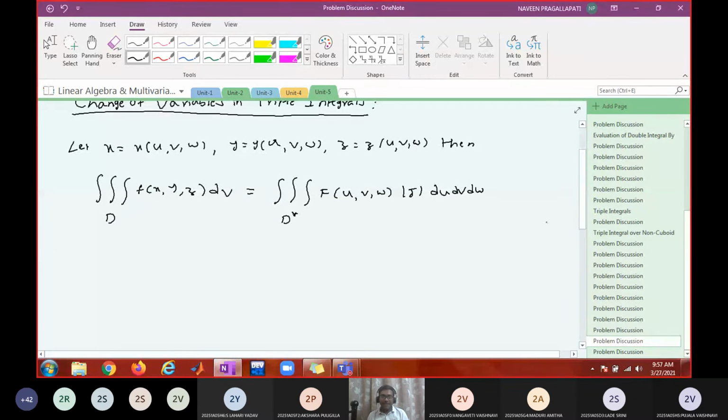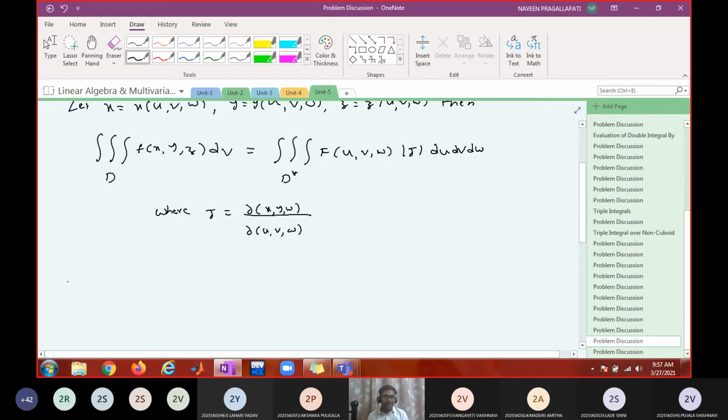What is j here? J is the Jacobian, dou of x y z by dou of u v w. And what are the special cases?